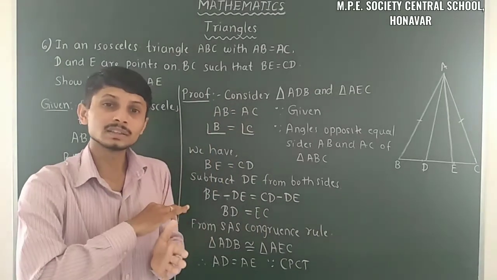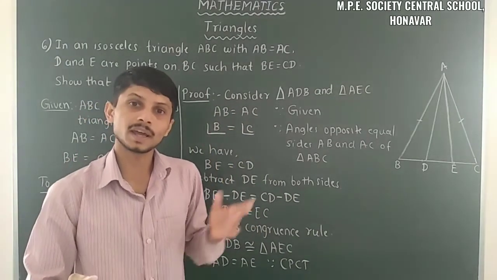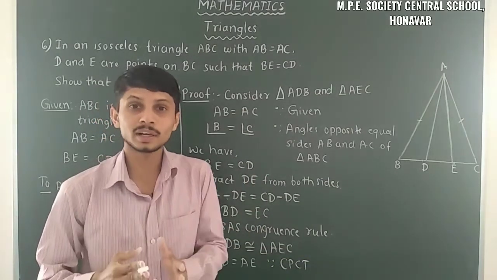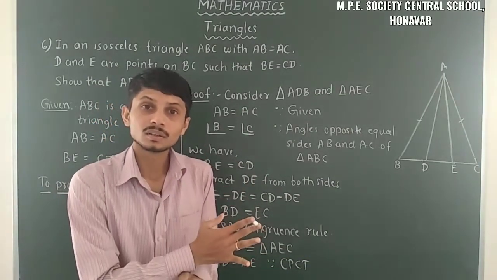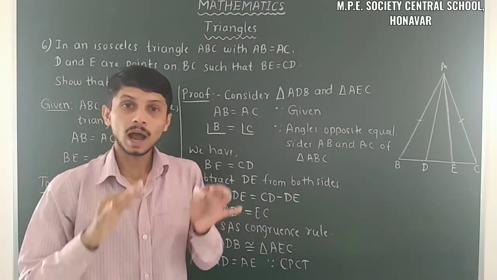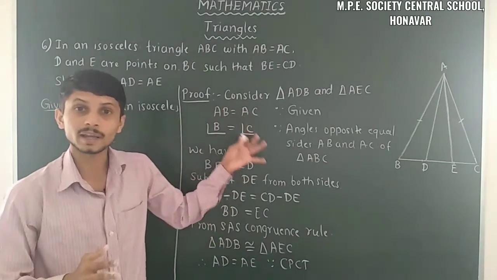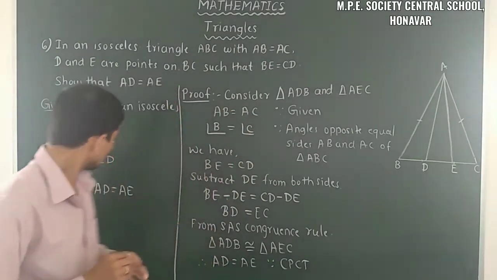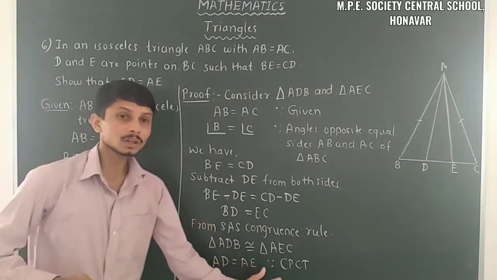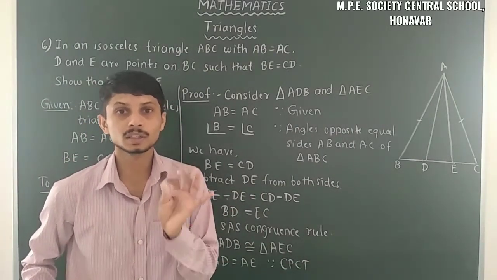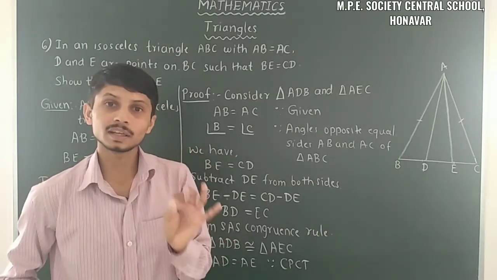So throughout this chapter we have the same kind of problems. Here we have to find those two triangles. So the proof is part of that. After proving those two triangles are congruent, then we can take the proof as the corresponding parts of congruent triangles. If it is the corresponding parts, we can take those two.